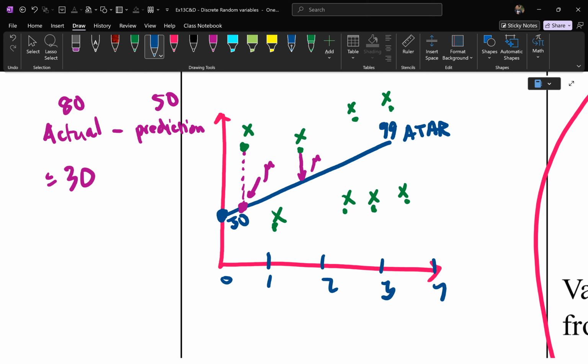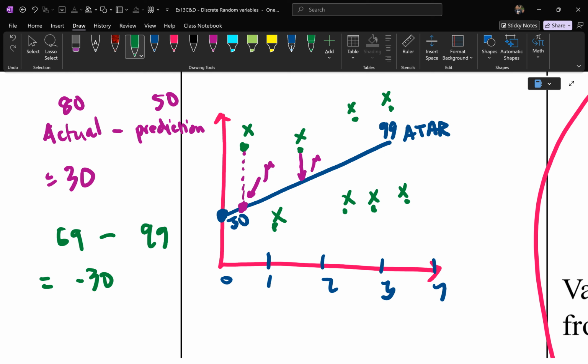Ryan ends up getting, let's say I predicted that he was going to get 99, but then he gets 69. If we find the difference, how far off am I now? Negative 30.